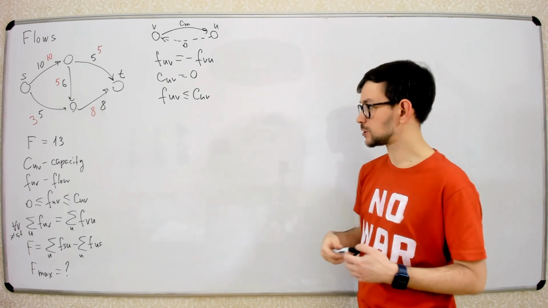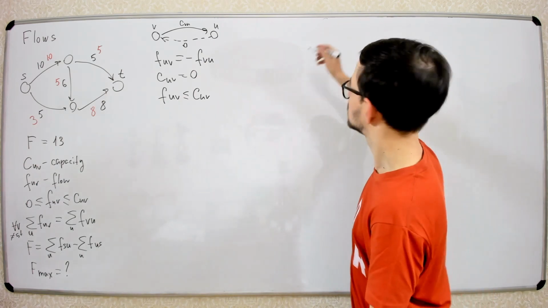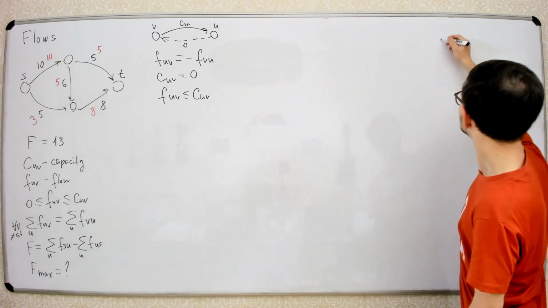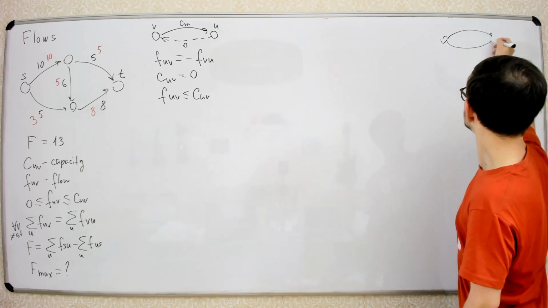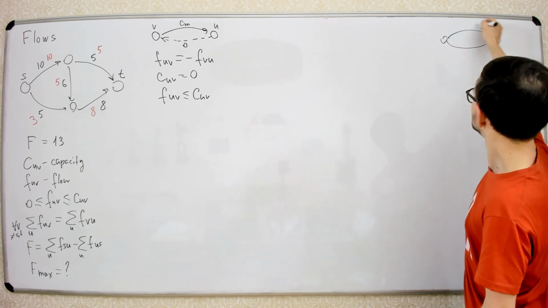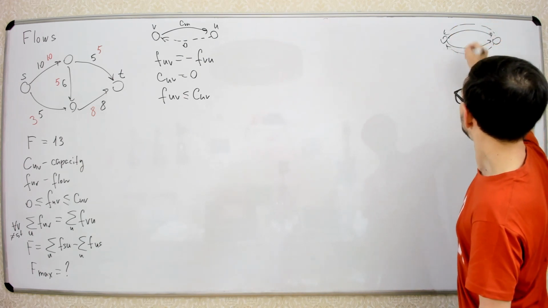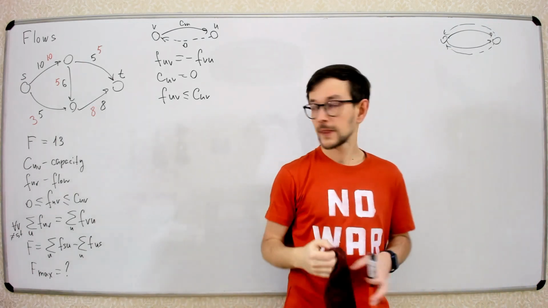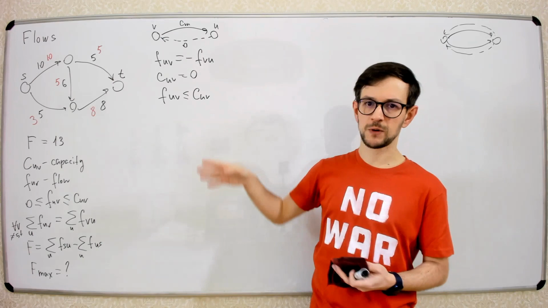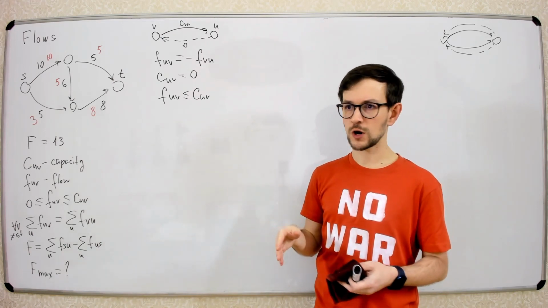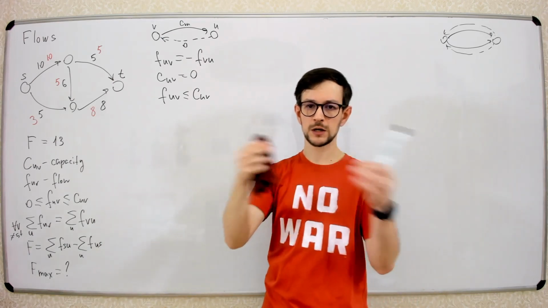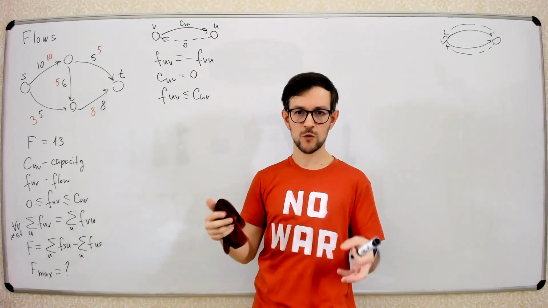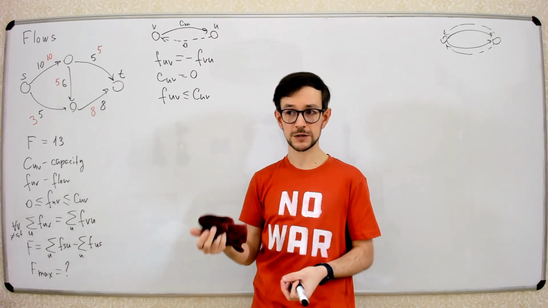What about multi-edges? If you have multi-edges, you can just add these residual edges for all of them. It also works. Actually, when we don't have cost, when we have a simple flow problem, you can always unite all the multi-edges into one single edge with capacity equal to the sum of all these capacities.